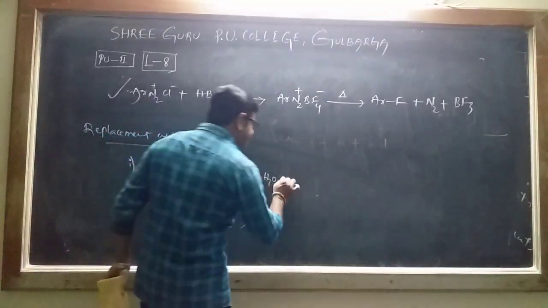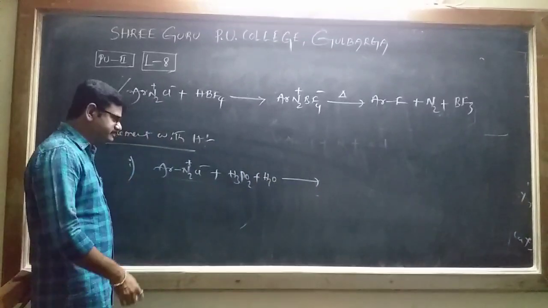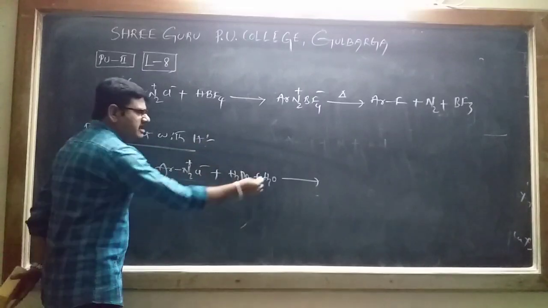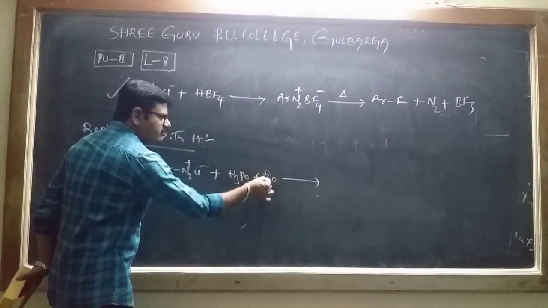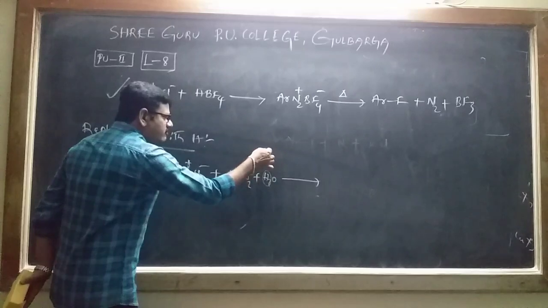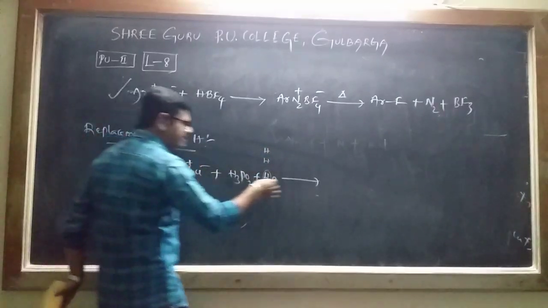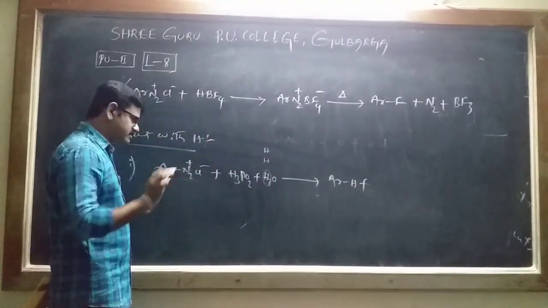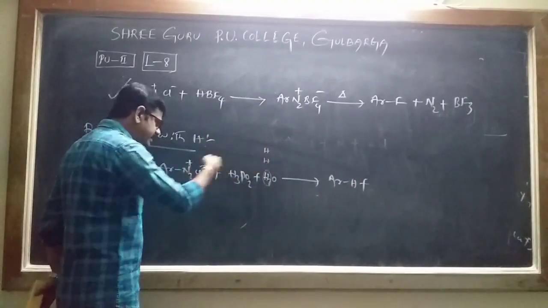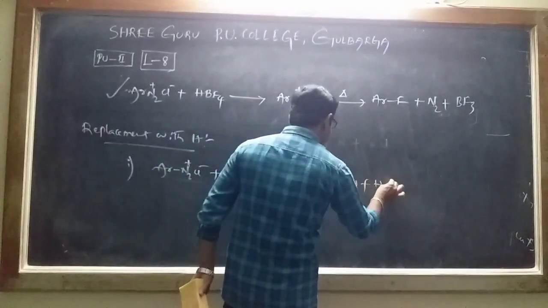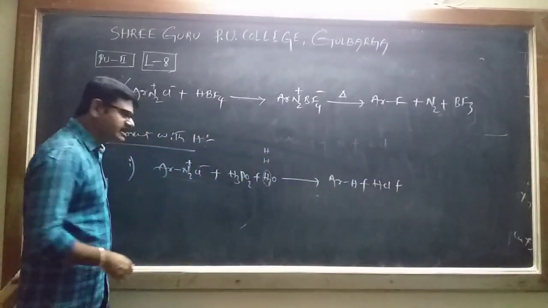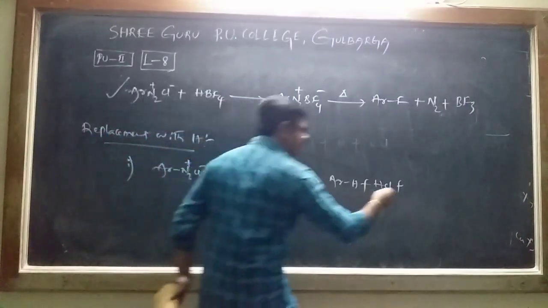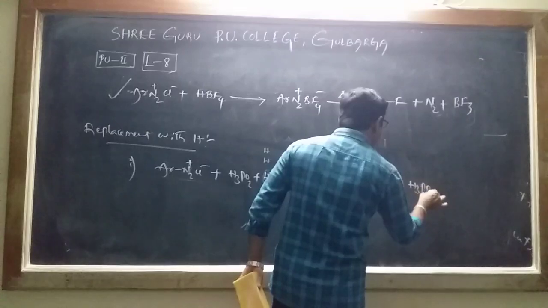Then what happens? I will give you just a trick. Please remember, in place of nitrogen we have two hydrogens. One hydrogen comes and replaces it, and you will get ArH, nothing but benzene. Next, one more hydrogen and Cl form HCl, and the remaining part takes oxygen and you will get H3PO3.